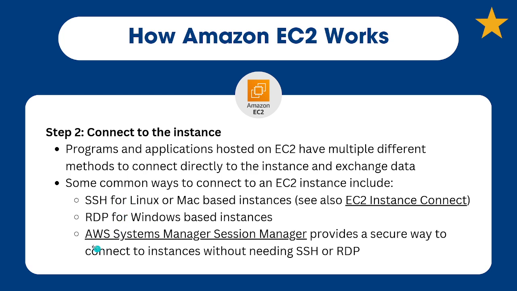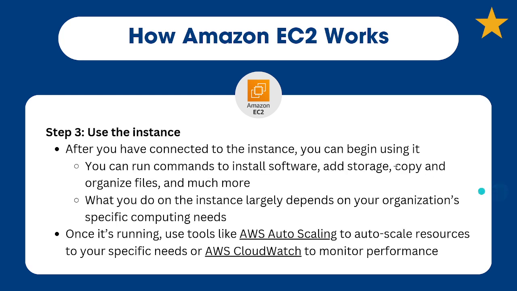Of course, Amazon also offers its own tool, AWS Systems Manager Session Manager, which provides a secure way to connect to instances without needing to set up or really know about SSH or RDP. So those are just secure connection methods so that you can securely connect to those remote servers.